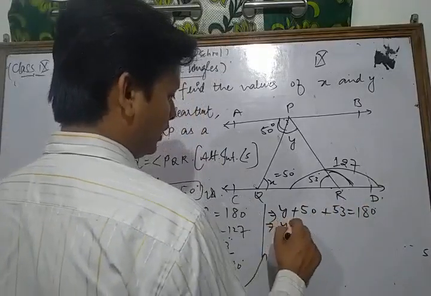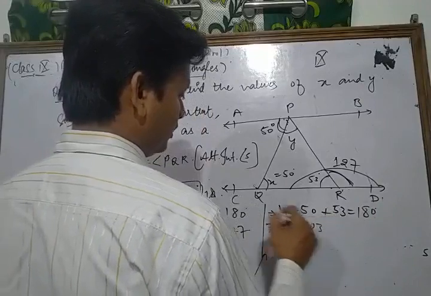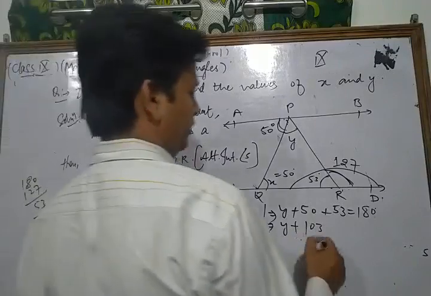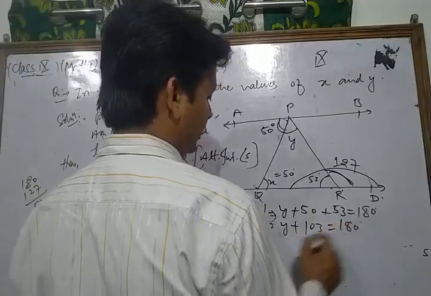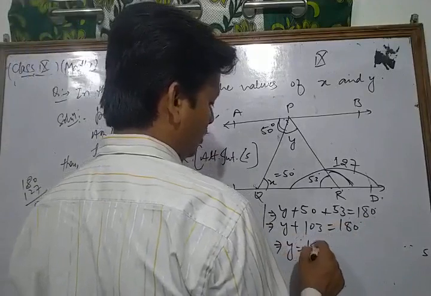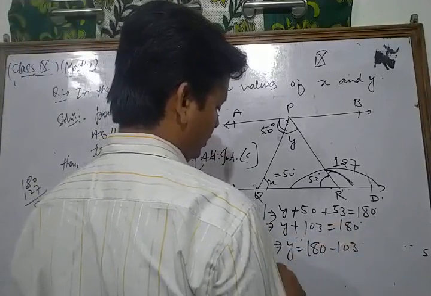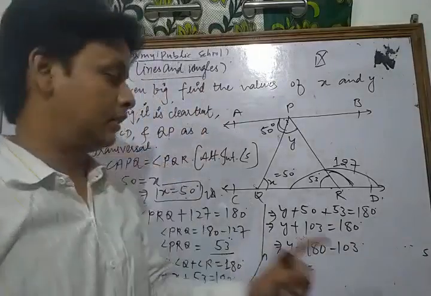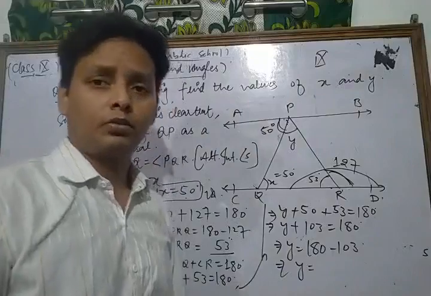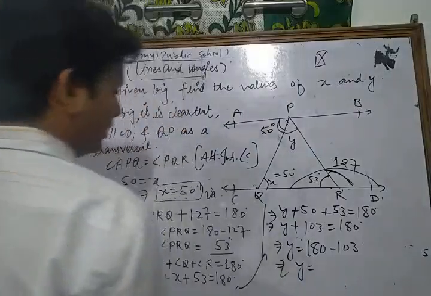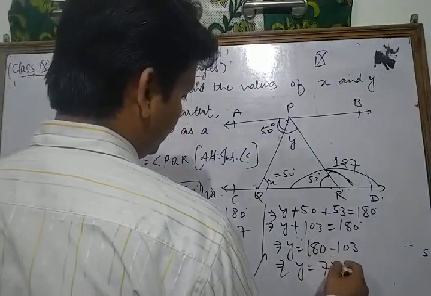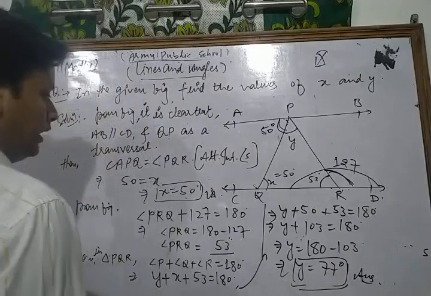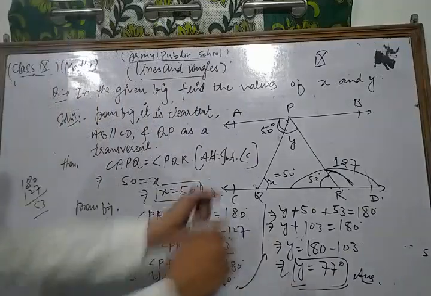Now we get Y plus 103 is equal to 180. From there Y is 180 minus 103, which is 77. Thus this is the value of Y and this is the value of angle X.